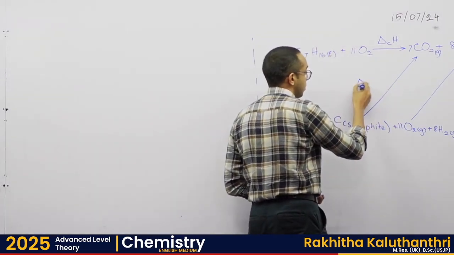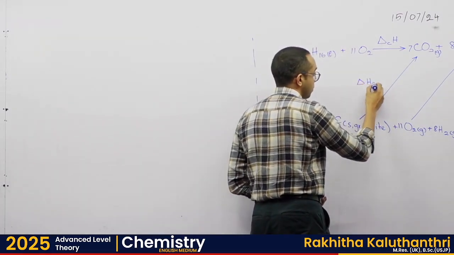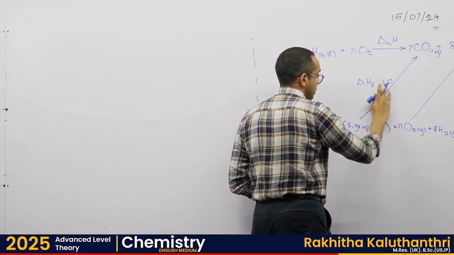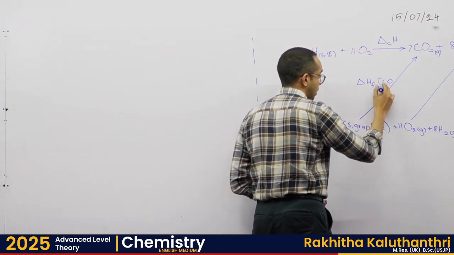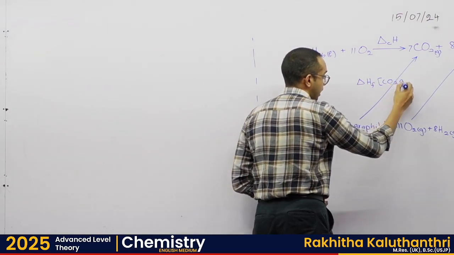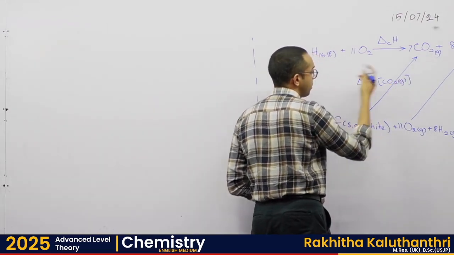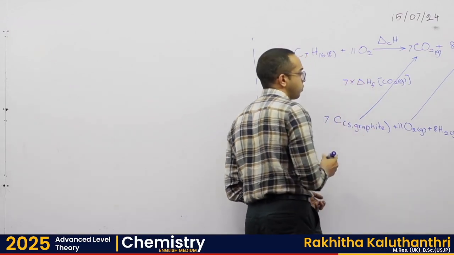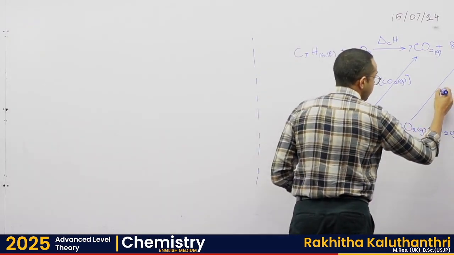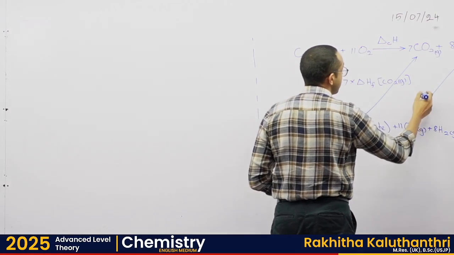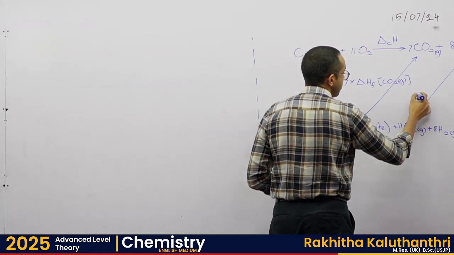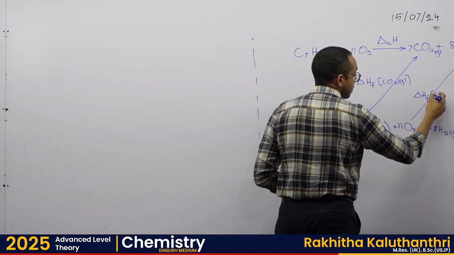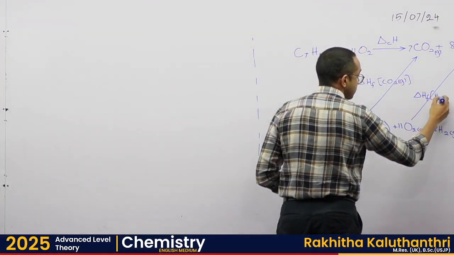So we can even identify what these are. This is the formation enthalpy of carbon dioxide gas. Now how many carbon dioxide molecules are formed here? 7. So therefore we have to multiply that by 7. This corner one is the formation enthalpy of water.